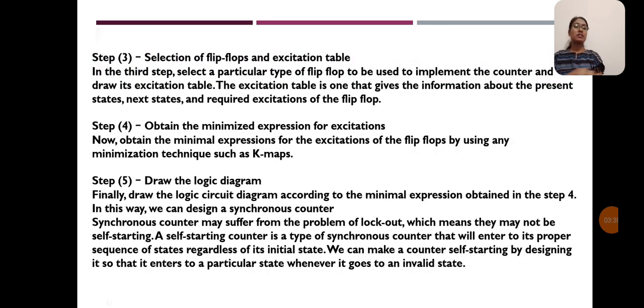And third step is selection of flip-flops and the excitation table. Select a particular type of flip-flop to be used to implement the counter and draw the excitation table. The excitation table is one that gives the information about the present states, next states, and required excitations of the flip-flop.